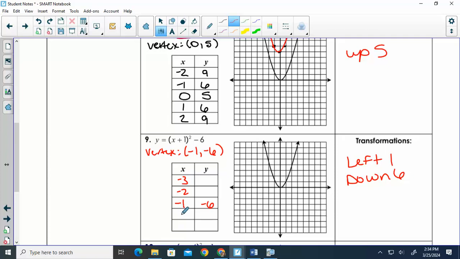Okay, so we do our test points. Use your table feature. If we put in -3, we get -2.